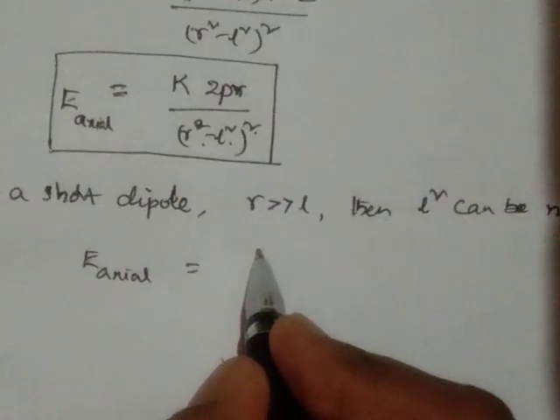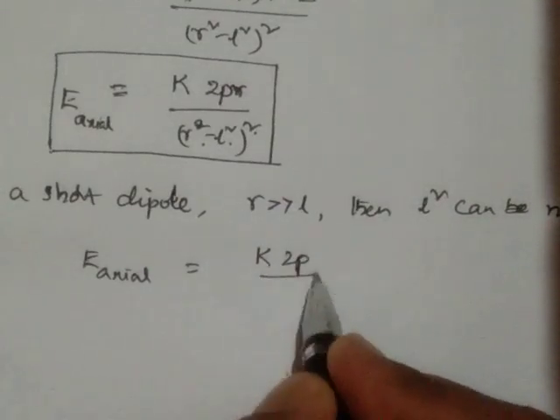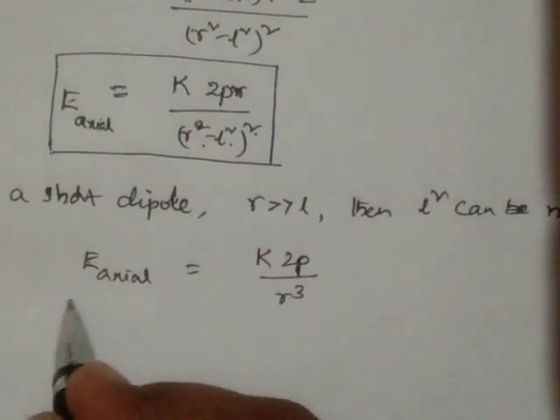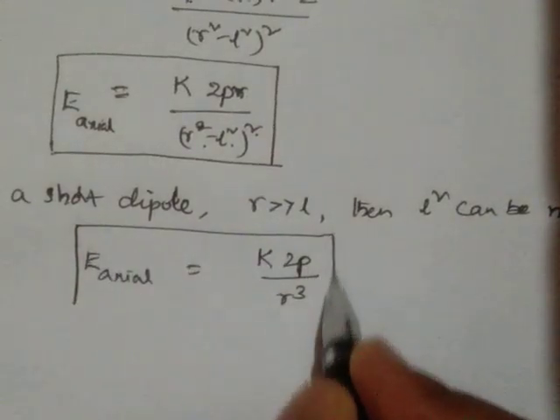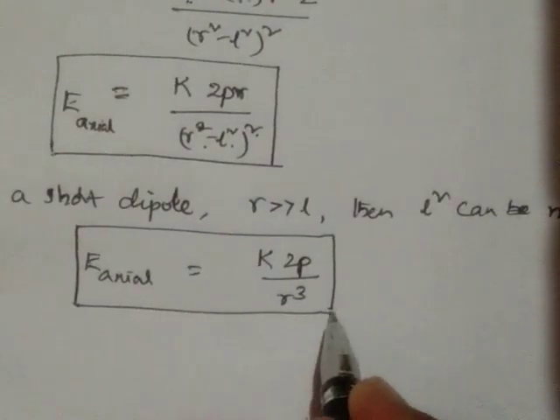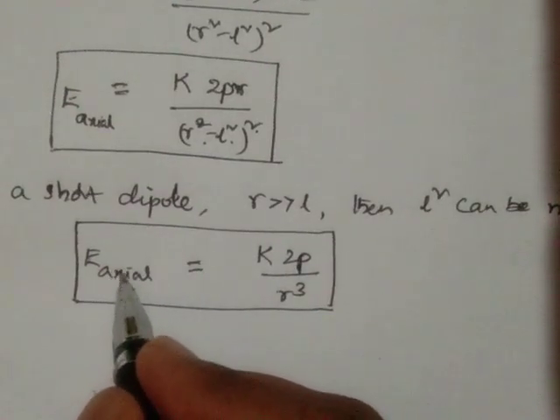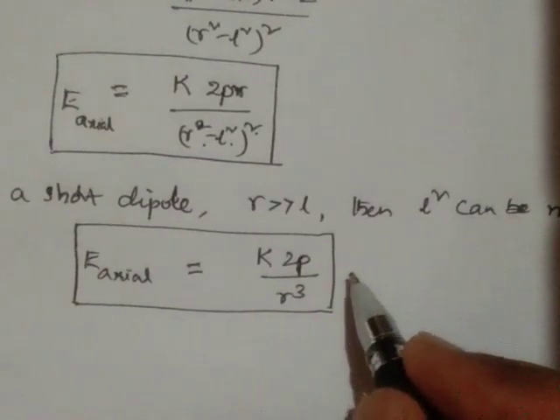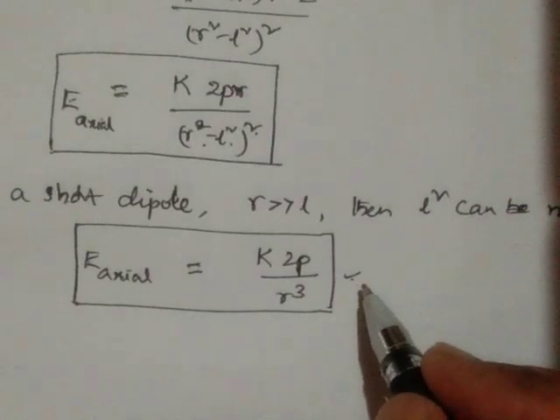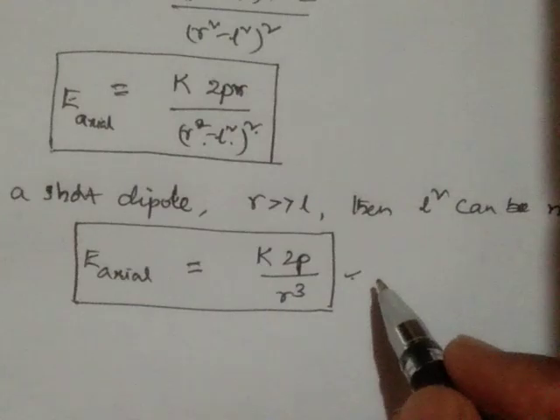So I can say E axial is 2p by r cube. This is the special case of the field intensity due to a short dipole on the axial line. Please keep this equation in mind. It is most useful for numerical problems. Got it? Right.